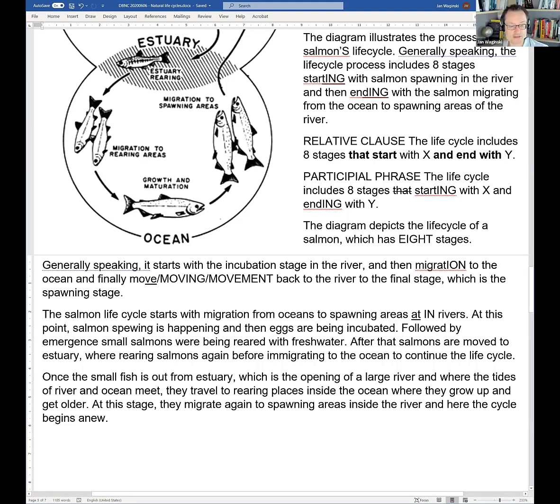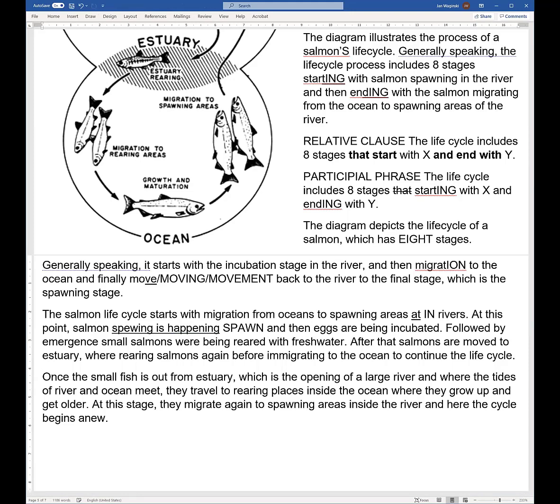Salmon spawning is happening. It's a bit awkward. Is there a simpler way that you could say this? Instead of spawning is happening, what about just using the simple verb? Salmon spawn. Very simple.